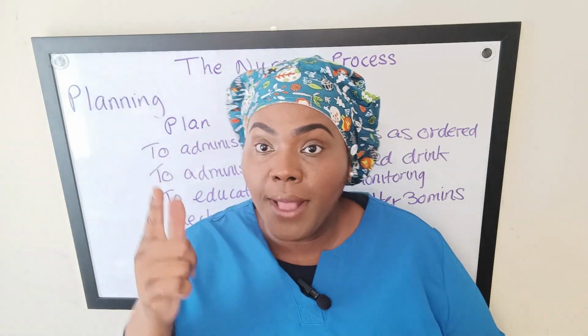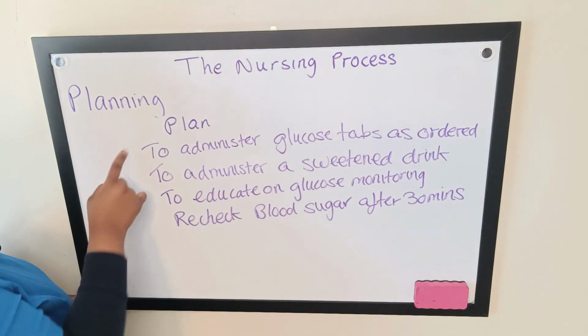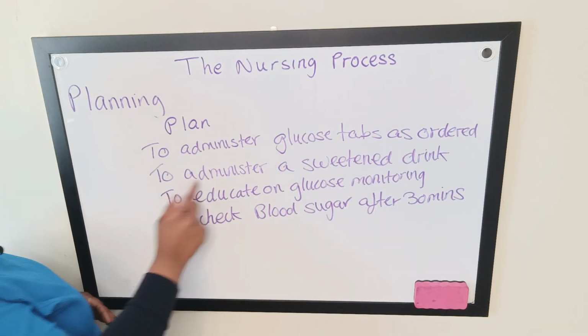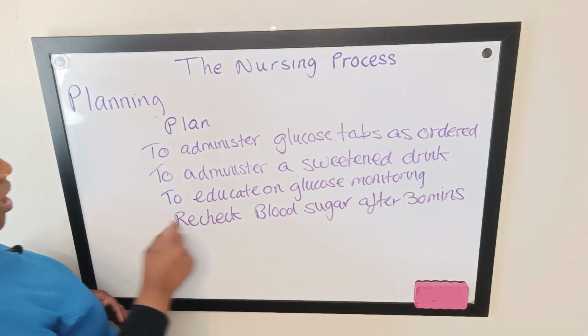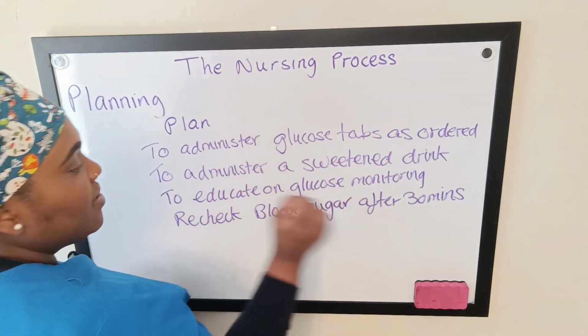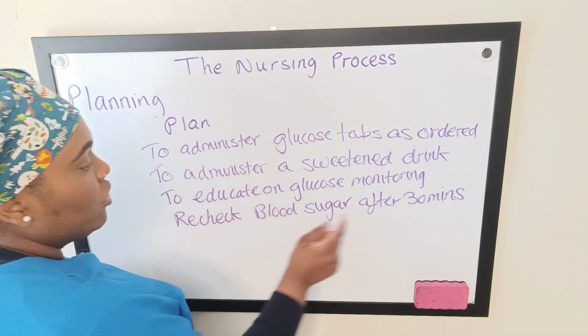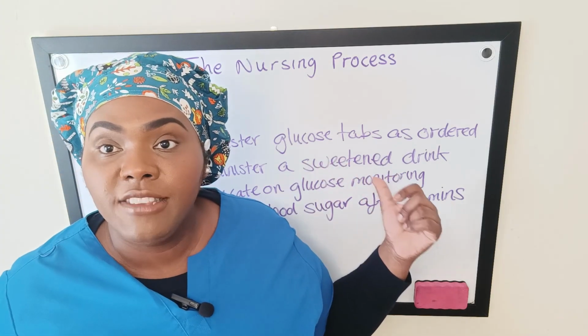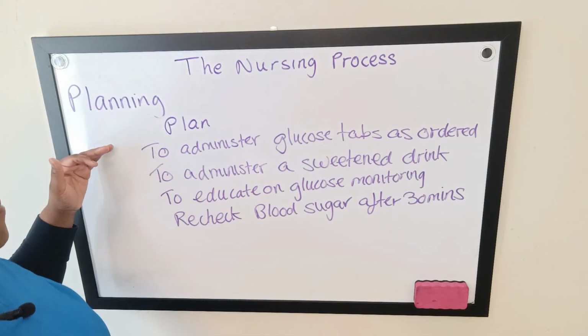So let's look at our plan. Our plan is to administer glucose tabs as ordered, to administer a sweetened drink, to educate on glucose monitoring, and to recheck blood sugar after 30 minutes. Isn't this meeting all the criteria? It is specific to this patient.